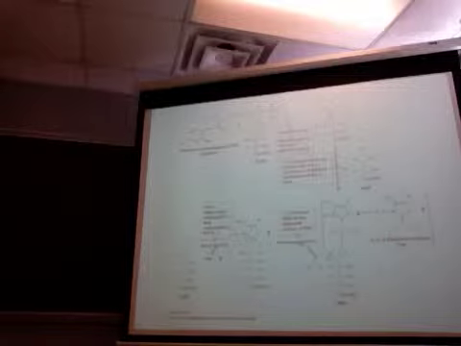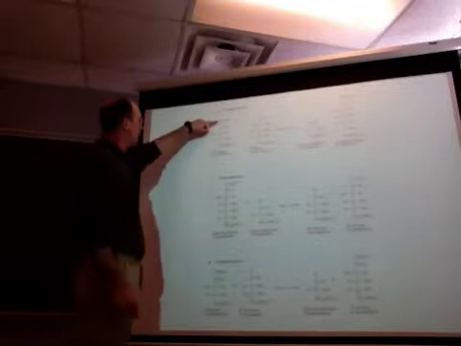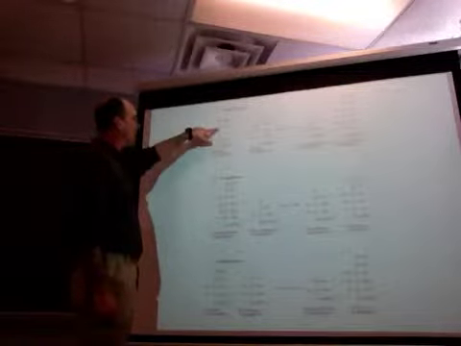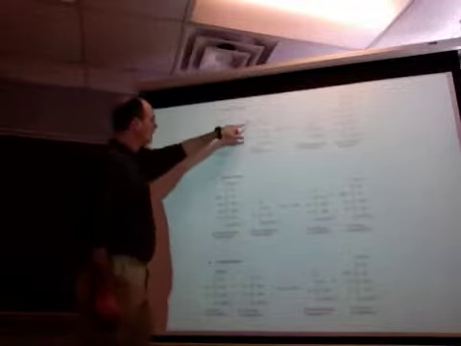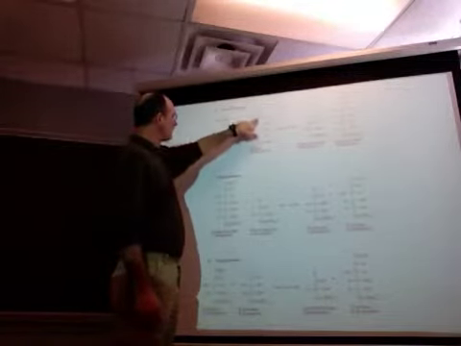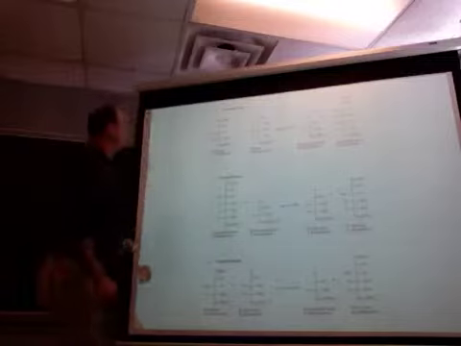Actually, let me go back and talk about it in the other place first, so that we get a conceptual idea of where we're going. So in transketolase, the reaction is different. Now here, 1, 2, 3, 4, 5. Xylulose 5-phosphate, a 5-carbon ketone sugar. 1, 2, 3, 4, 5. Ribose 5-phosphate, a 5-carbon aldehyde sugar.